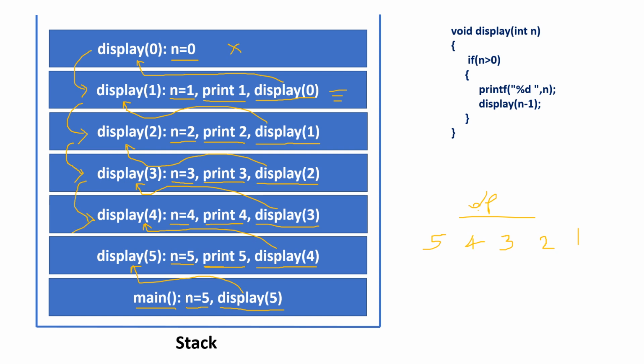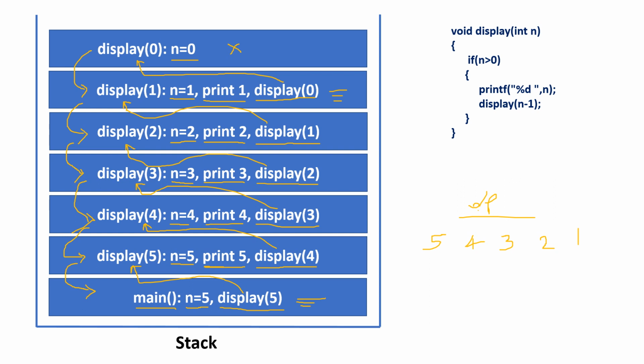Similarly, as there are no more statements in display of 4, it will be removed from the stack and the control returns to display of 5. Once display of 5 is completed, it will be removed from the stack and the control returns to its caller. Then who is the caller of display of 5? Main function is the caller. As there are no more statements in the main function to be executed, the main function will be terminated and it will be removed from the stack.